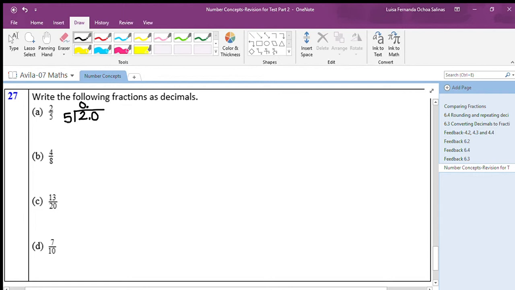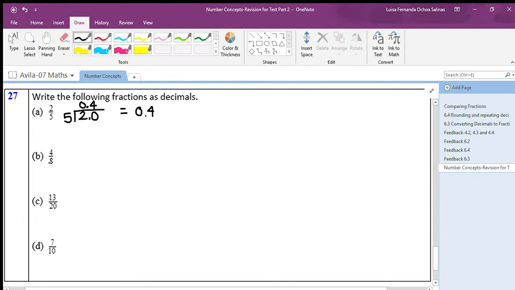So now we ask, how many times does 5 go into 20? I look at this as the whole number 20, and I know it goes 4 times. Exactly 4 times, therefore I have finished. So 2 over 5 is equal to 0.4 or 4/10.